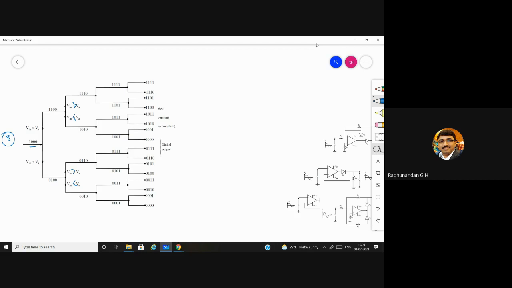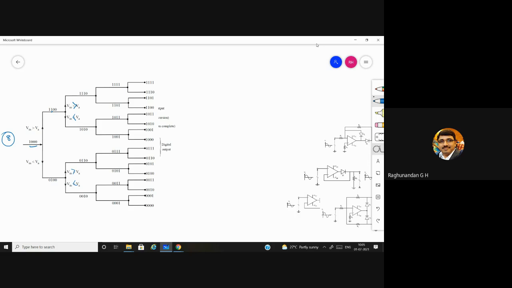And again here 1 1 0 0 we are having. Suppose the input is again greater than this, then the next bit also will be made high. If the input is lesser than this, then the present higher value will be made 0, and the next bit will be made 1.